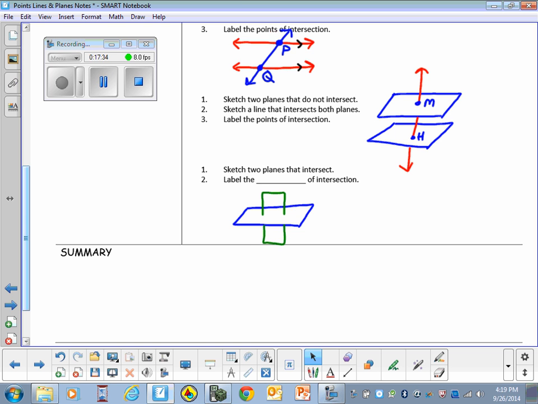In this case, because planes are infinite, planes go on and on and on forever, I have a line of intersection.